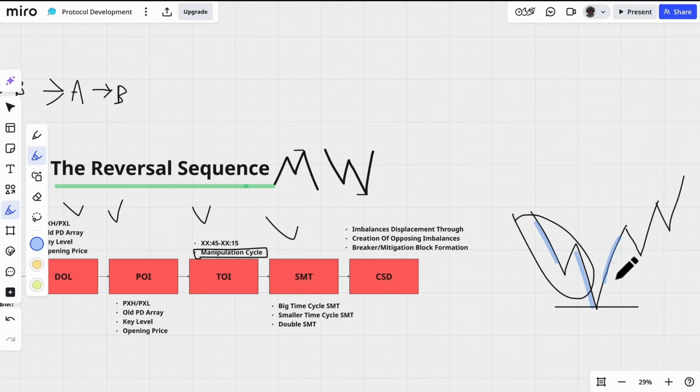Now, the third step, which we can be paying attention to confirm CSD, is a breaker or mitigation block formation. And the reason why a breaker or mitigation block formation is crucial is because it is required in order for a swing high or swing low to form. Meaning, every single swing formation either has a breaker or a mitigation block.